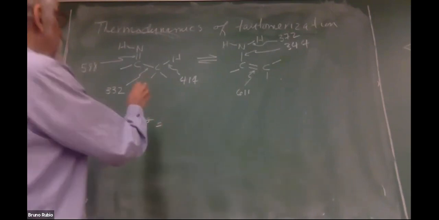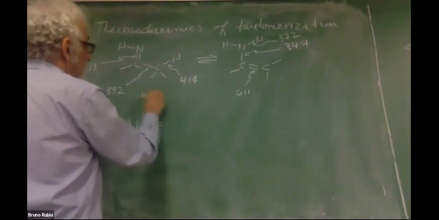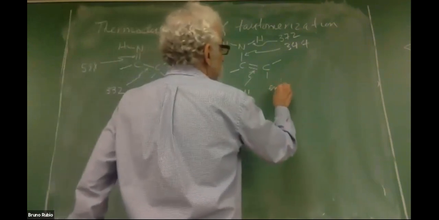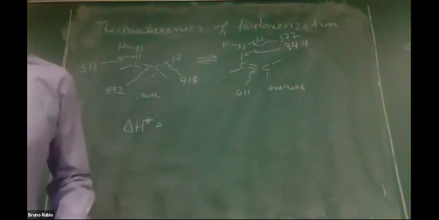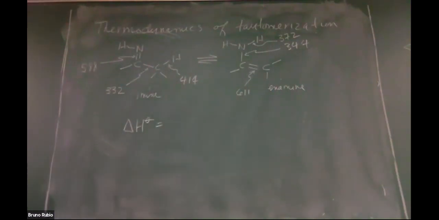This is the imine, and this is the enamine. They're tautomeric pairs. Which one is dominant? So it's a good chance for you to have a workout with your calculator, right?